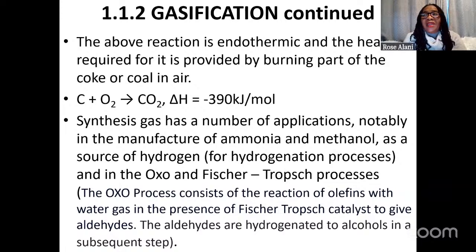So synthesis gas has a number of applications. There are several things that can be manufactured from synthesis gas. One is the manufacture of ammonia and methanol. Also, it is a source of hydrogen for hydrogenation processes.